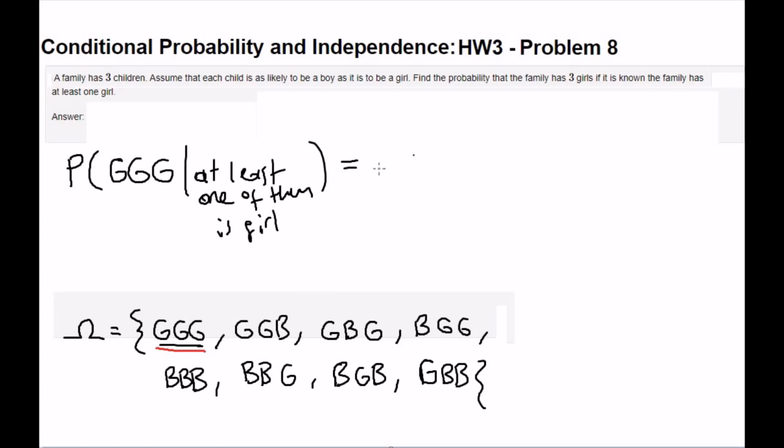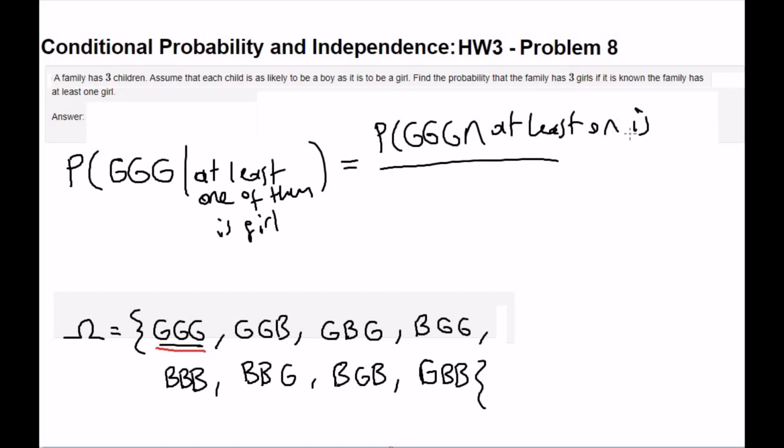By the definition of conditional probability, their intersection over the given condition.